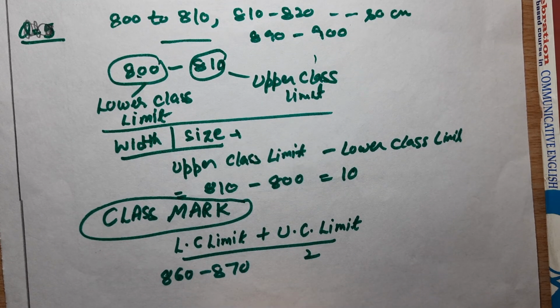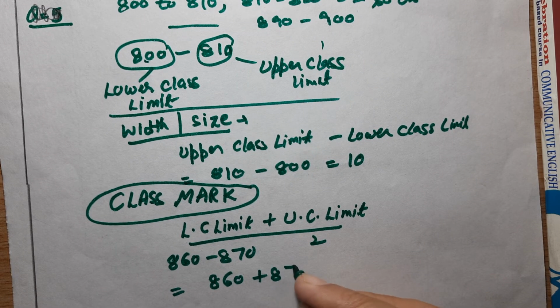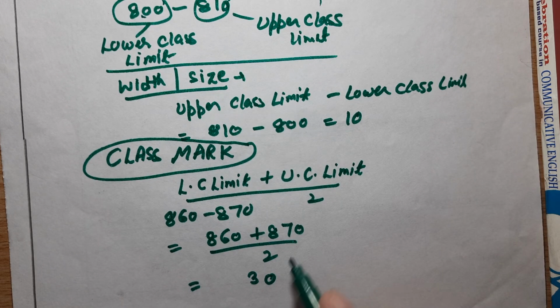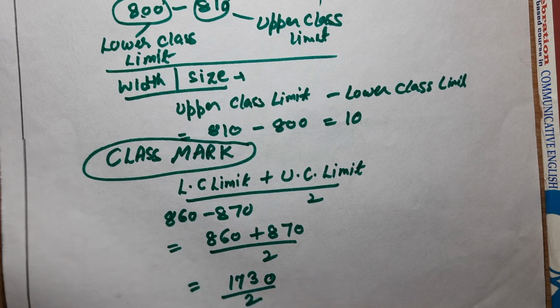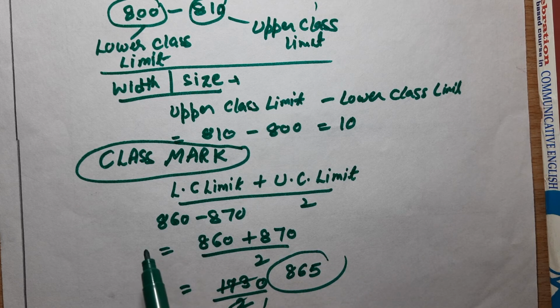What will you do? 860 plus 870 upon 2. Add it. 1730 divided by 2. Divide it. 2 8 16, 1 carry. 2 6 12, 1 carry. 2 5 10. So for the class interval 860 to 870, 865 is the value of the class mark.